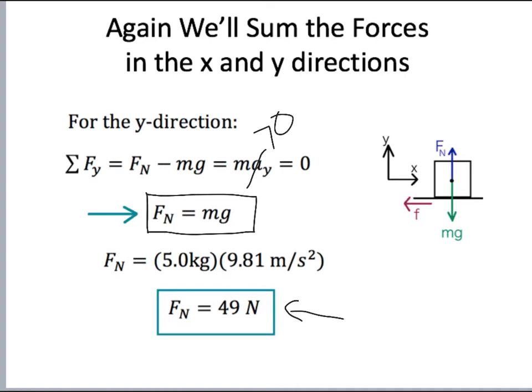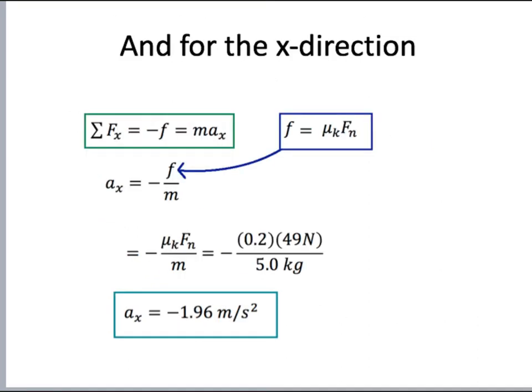Now we can use the f equals mu sub k times the normal force equation, and we can use the sum of the forces in the x direction. Those two things together, we'll use those to find the acceleration. So here's what we've got. I've got the sum of the forces in the x direction, and there was only one, the friction, which was in the negative direction.